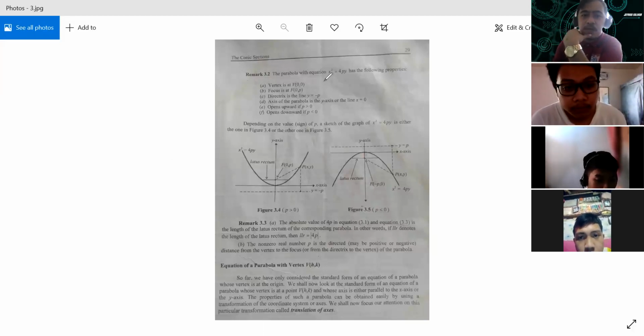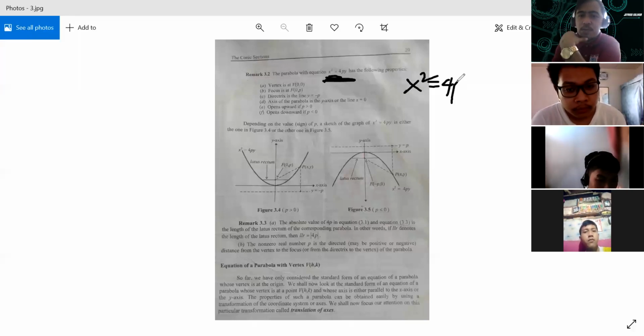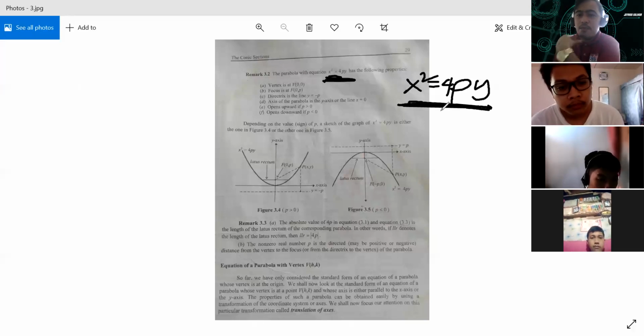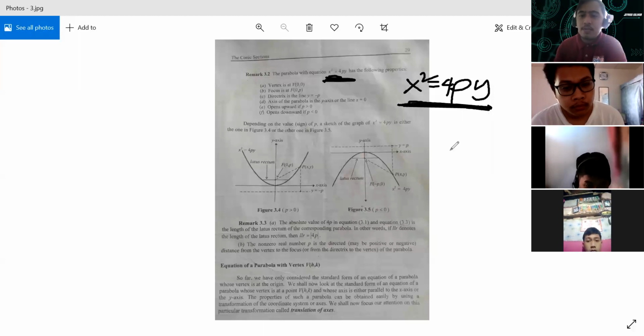This remark is for this equation, x squared equal to 4py. Again, I will repeat. If this is the form, then the vertex of your parabola is at the origin.